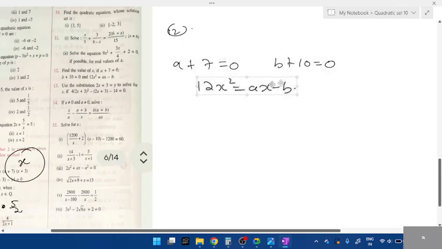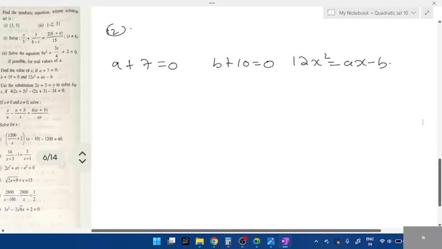What do we need to find, students? Value of x, right? Find x. See, this one is not specifically quadratic. So we have two equations here. A is equal to 7, b is equal to 10. What is a value? All of you be quick. It's a simple question.